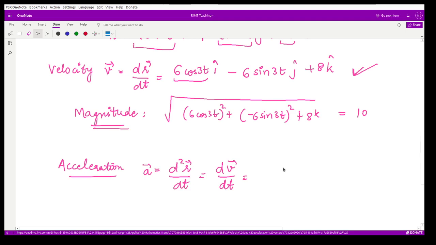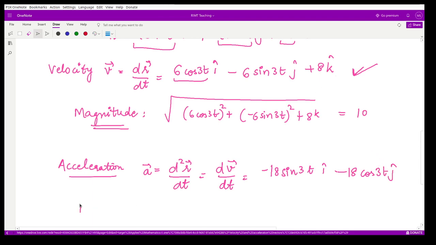So it comes out to be minus 18 sine 3t i cap, and then minus 18 cos 3t j cap, and then 0 k cap.